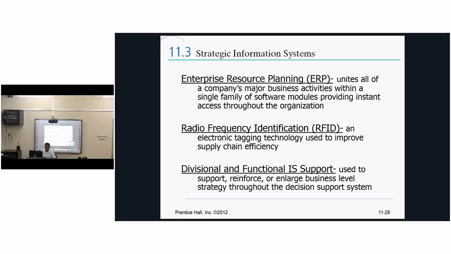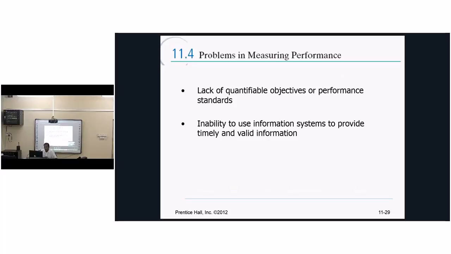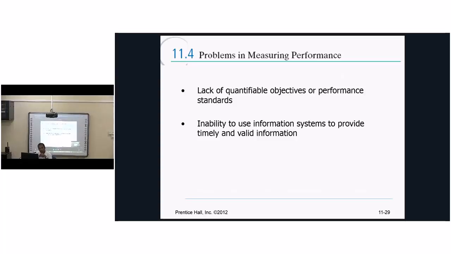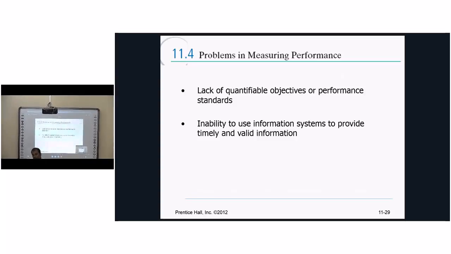There are many problems in measuring performance. One thing is the lack of quantifiable objectives or performance standards. Some companies want to measure their performance, but they find it difficult to explain, quantify, or define what the performance standards are. This is where most of the failure happens, because when you are developing an ERP or an information system, you need to tell the information system, this is exactly what I want, right?